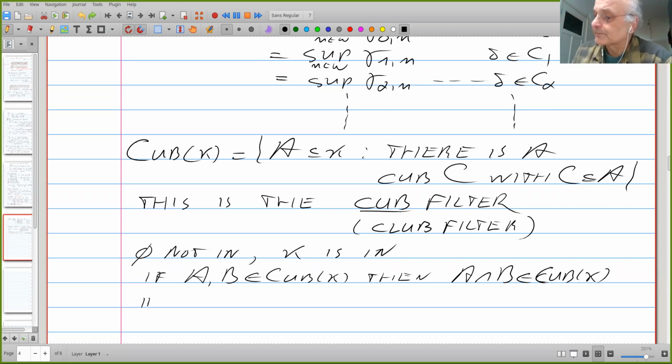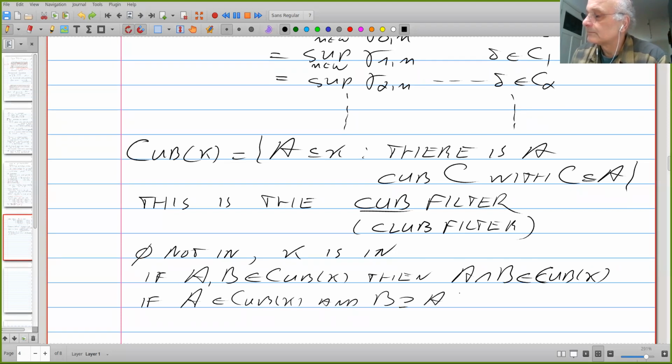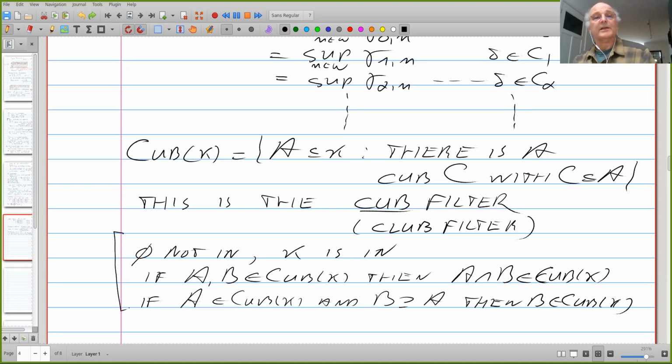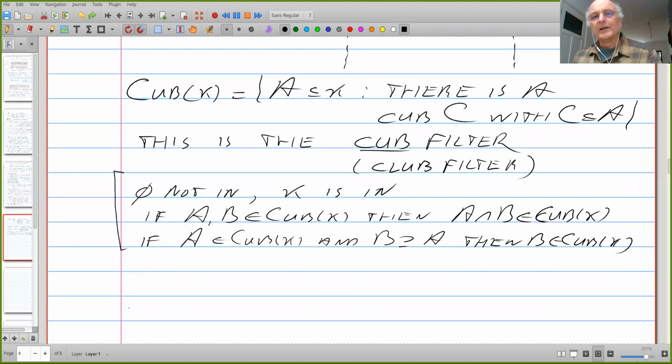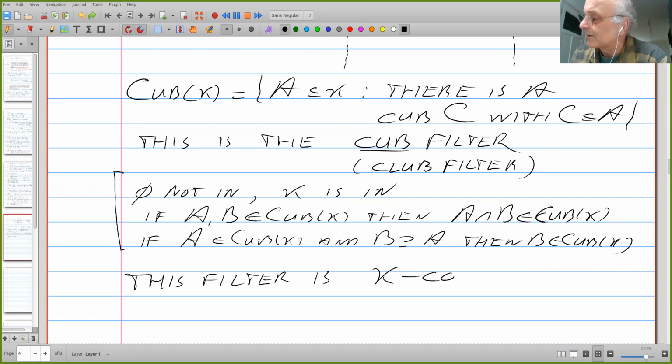And this is what defines filter, these three properties. You can look it up in Jech's book, but maybe you have seen this already in other circumstances. And this filter is kappa complete.